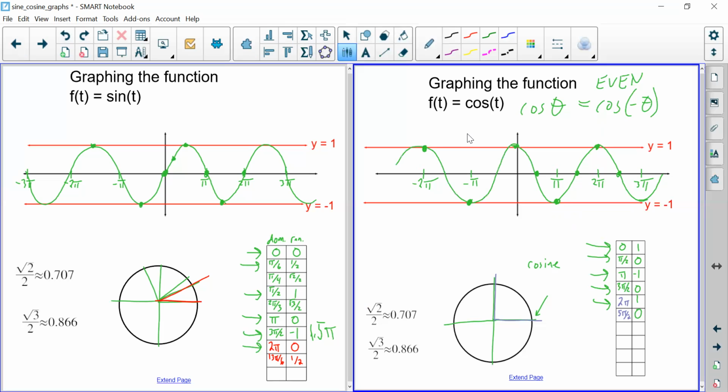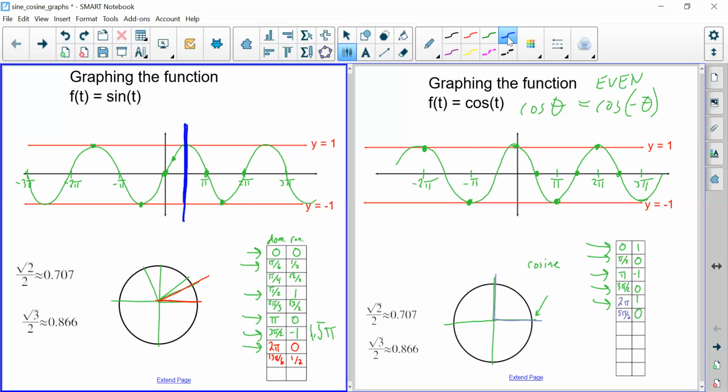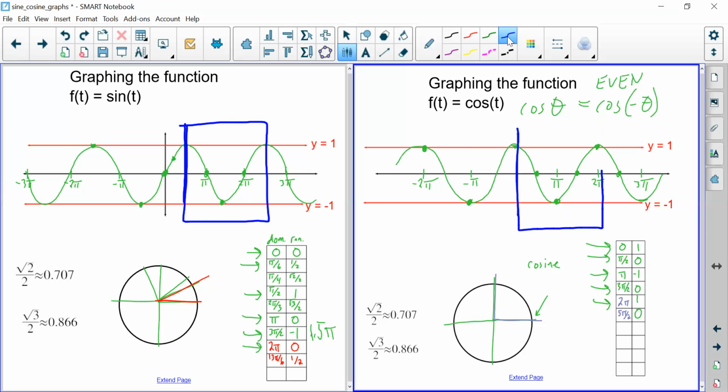And then you've got the cosine graph. It's worth noticing that if you look back at the sine wave, this portion of the sine wave is identical to this portion of the cosine wave. Because sine and cosine are very, very similar. They're complements of each other. That's what the co means.